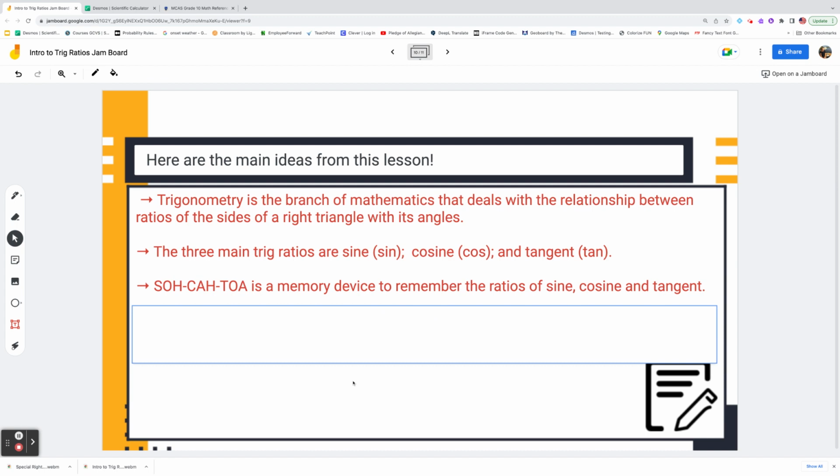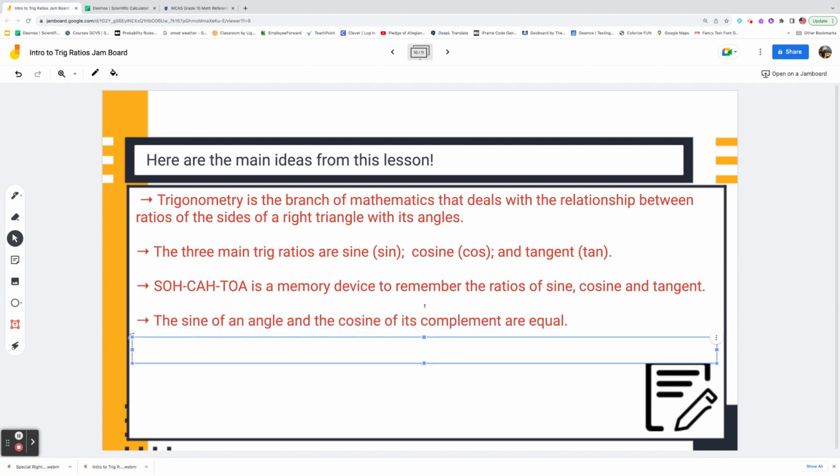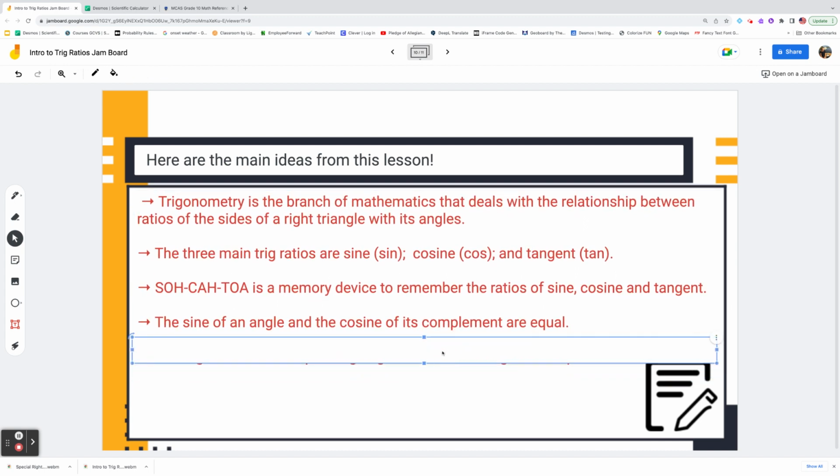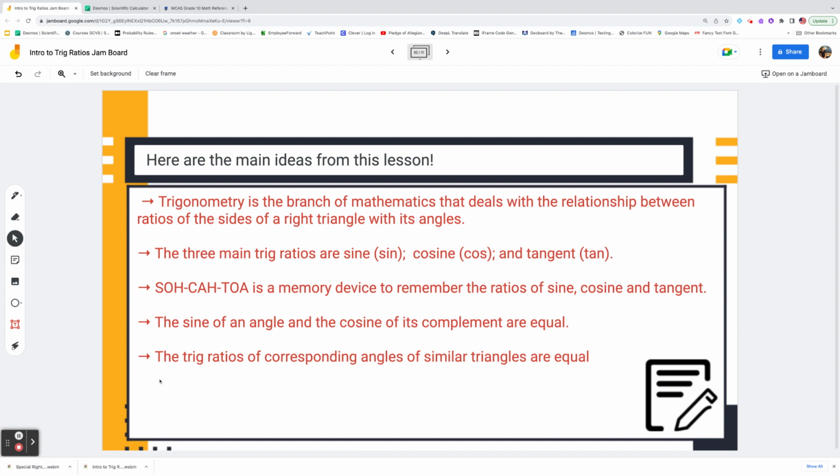How about SOHCAHTOA? Was that worth writing down in your summary slide? It's a memory device to help you remember the ratios of sine, S, cosine, C, and T for tangent. And the sine of an angle and the cosine of its complement are equal. That's an important detail. And we also learned through these last two slides that the trig ratios of corresponding angles of similar triangles are equal.